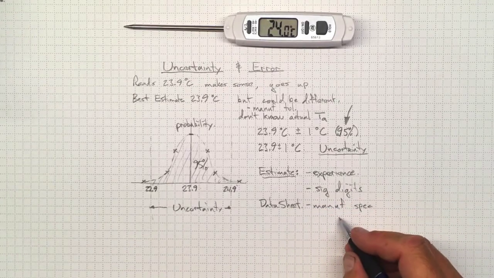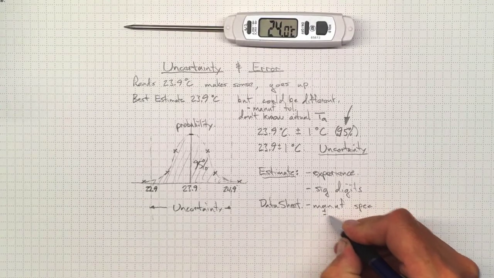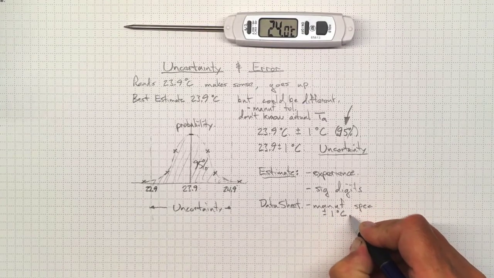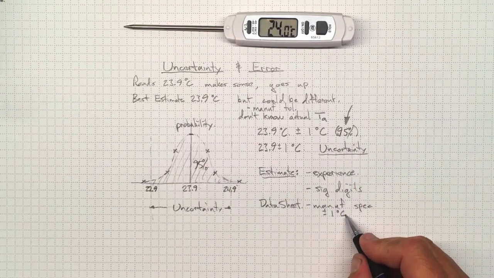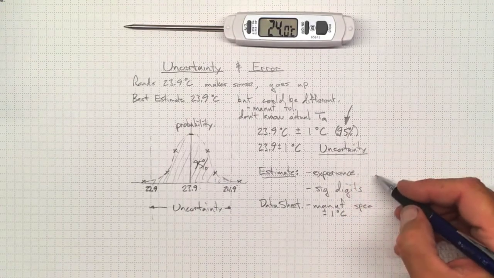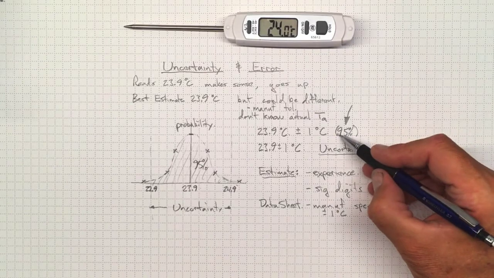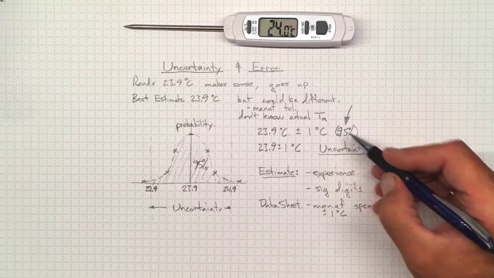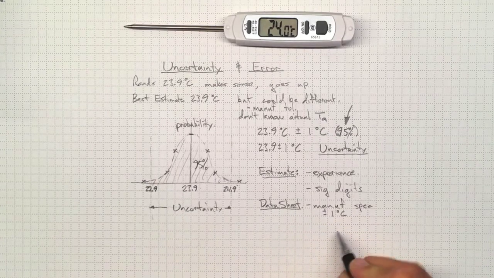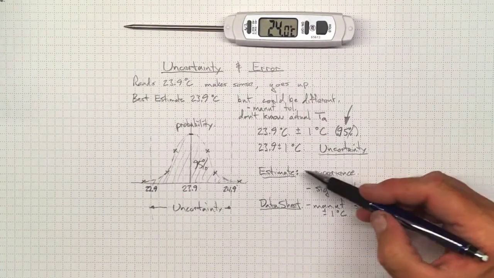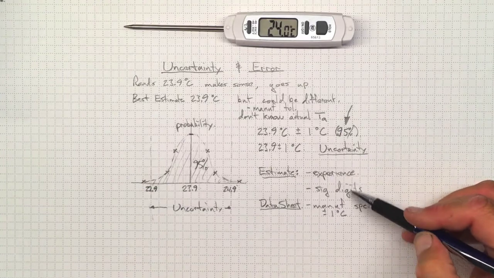So if the manufacturer says plus or minus 1 degree Celsius, then I would take that as being the 95% uncertainty case, even if they don't happen to mention this 95%. And the more information you can get from the data sheet, the more information you can get from the manufacturer, the better you can make that estimate of your uncertainty.